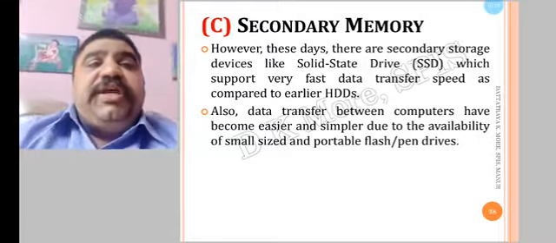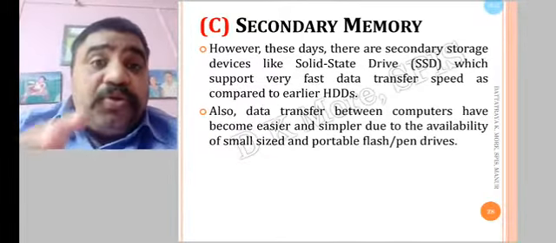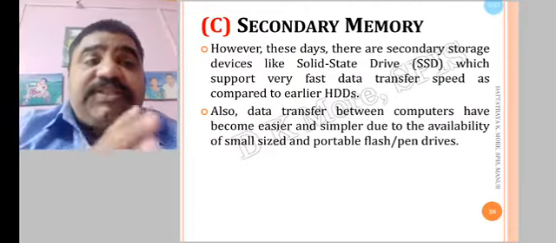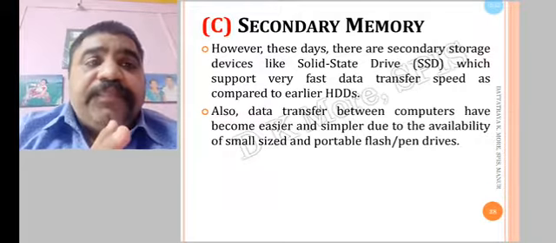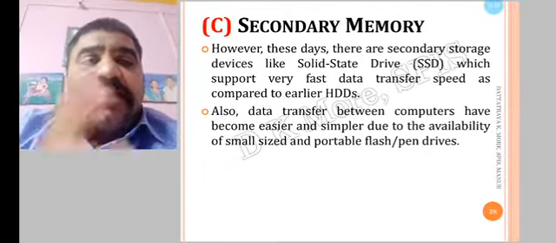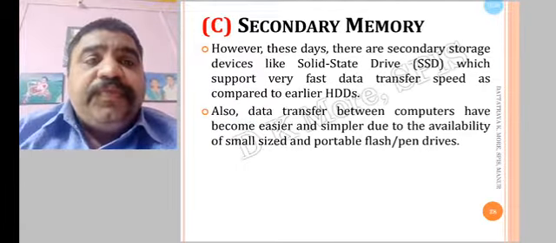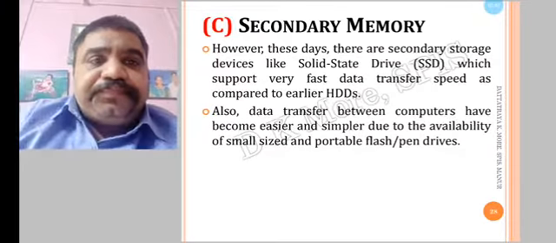Means the previous hard disks we were using in our computer, laptop, this is faster than those hard disks. Now this solid state drive SSD has launched. It is a new thing having very fast data transfer speed, so your machine is also getting very fast, all the operations are getting very fast.